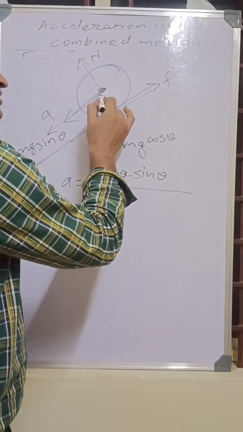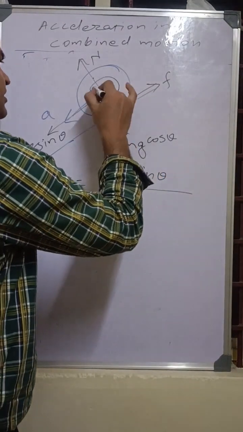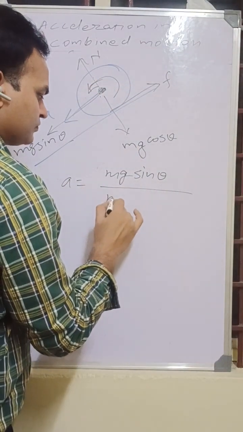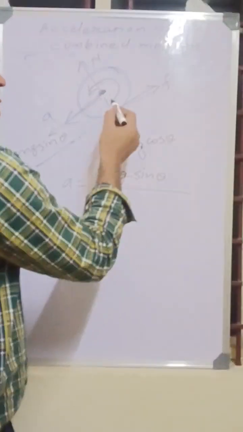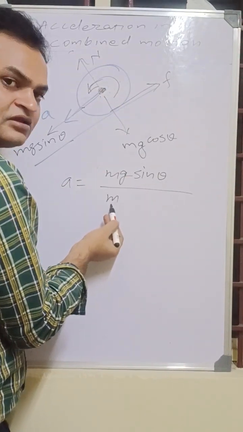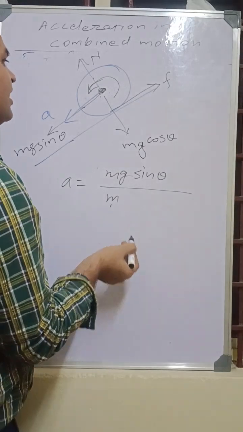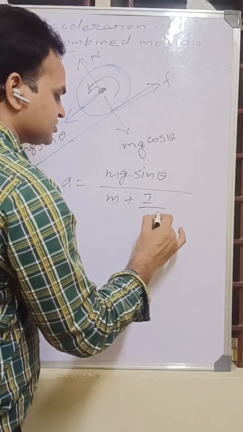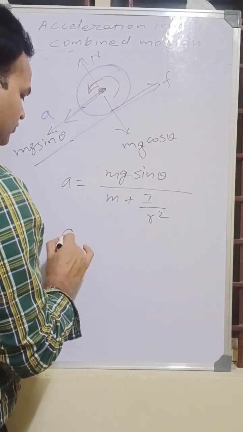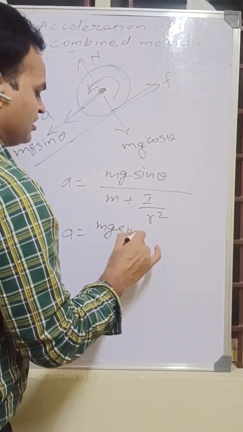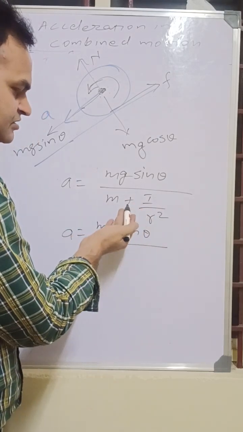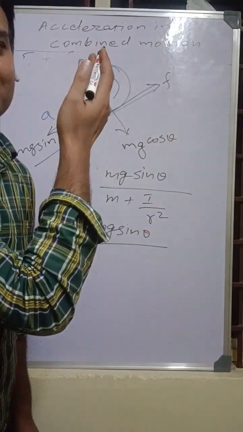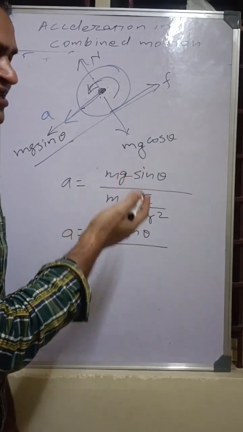Mg sin theta. This body is translating and it is also rotating. Due to translation, the translational inertia is mass m, and due to rotation we can write rotational inertia as I by r squared. So a equals mg sin theta divided by that total inertia. You can directly find this result, which is usually obtained after writing a free body diagram, the equation of motion, and the condition for rolling.